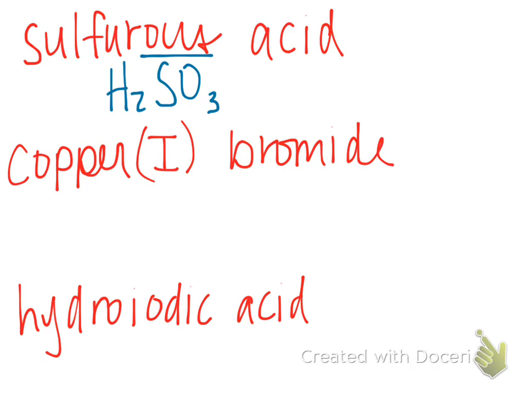Sulfurous means it needs to come from what anion? Sulfite. Good, so we need to combine hydrogen and sulfite, which we did. Copper 1 bromide. Carissa, what'd you have? CuBr, right? Bromide is a -1, copper is a +1, so it's an easy balance there. Hydriodic acid. Katie, what'd you have? Okay, that's it. Perfect.